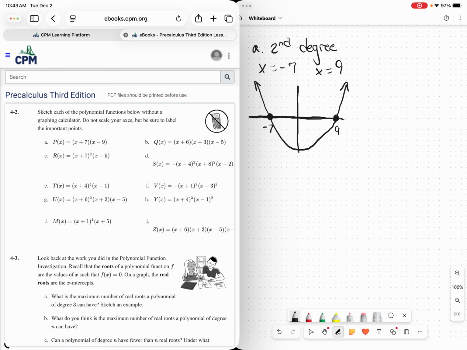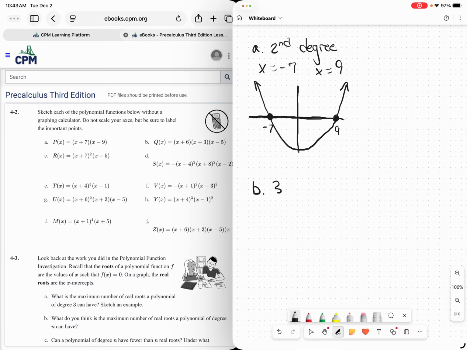Now if you look at B, we now have 3, so we have a third degree. We have 3 x-intercepts: one at negative 6, one at negative 3, and one at 5.